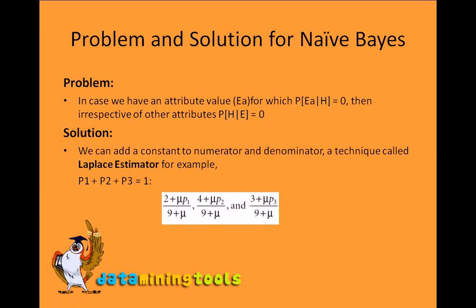For example, here we have added mu p1, mu p2, mu p3 in the numerators, and mu in the denominator. Here p1 plus p2 plus p3 equals 1. This is the assumption which we have made. This method increases each fraction by a fixed amount, and in case we have a 0, it will convert that 0 fraction to a non-zero fraction.